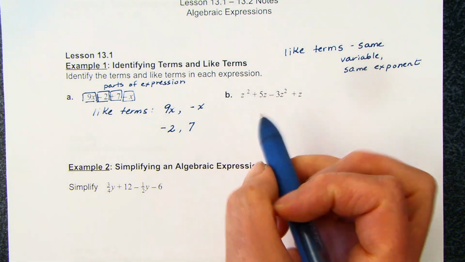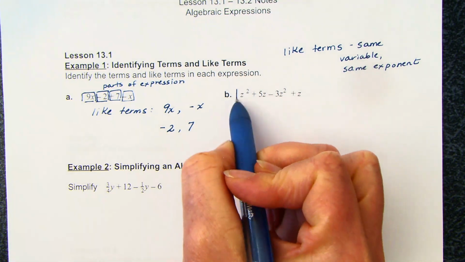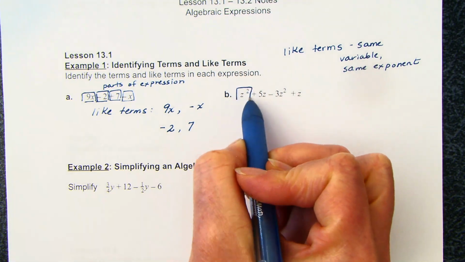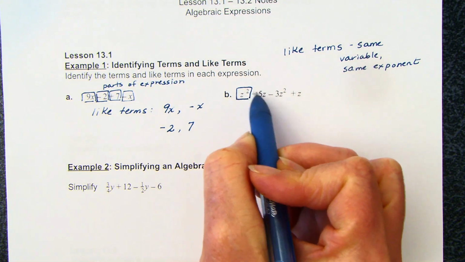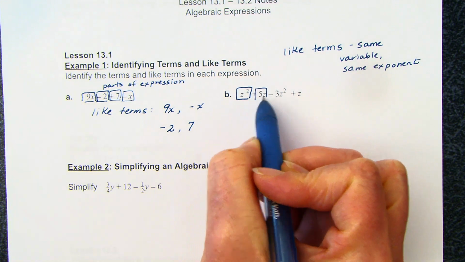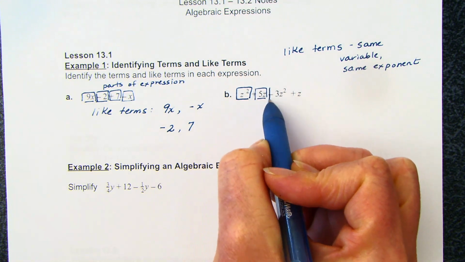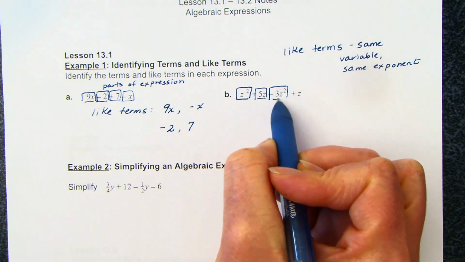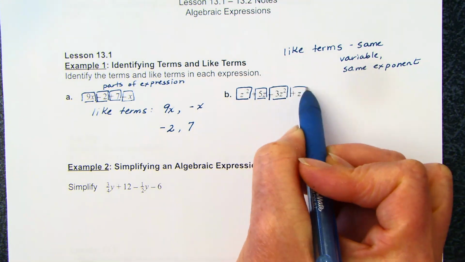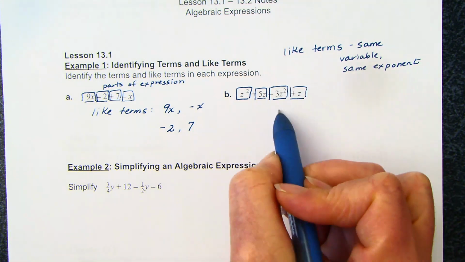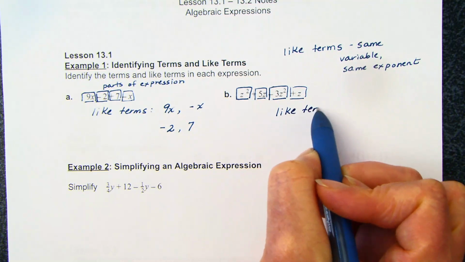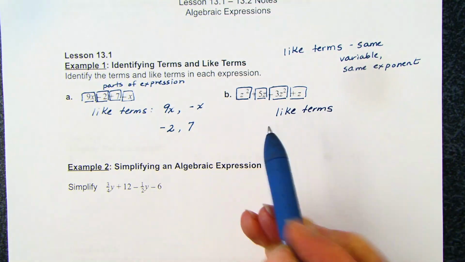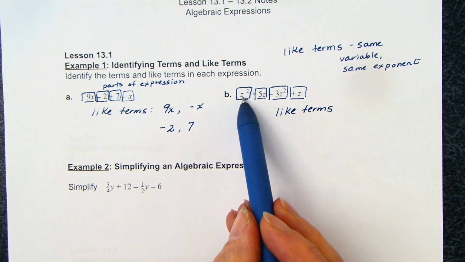All right, let's do B. So the terms are all the things separated by the plus and minus. This one's positive 5z. That's negative 3z squared and positive z. And then when I look at the like terms, and then look across, z squared.